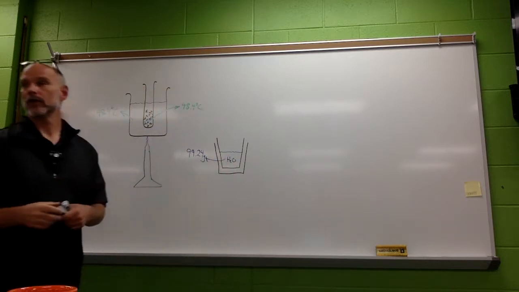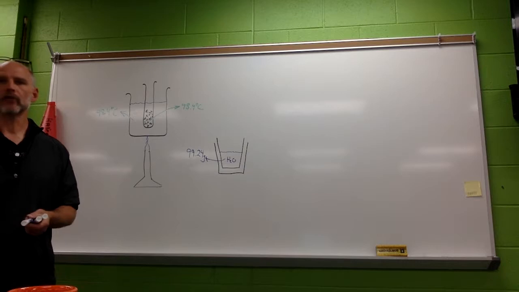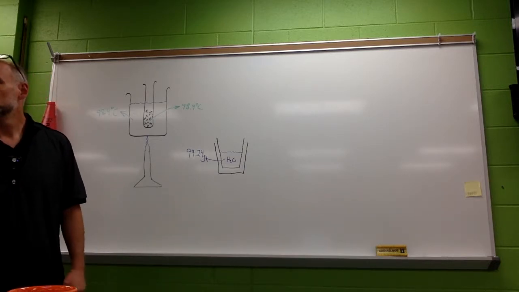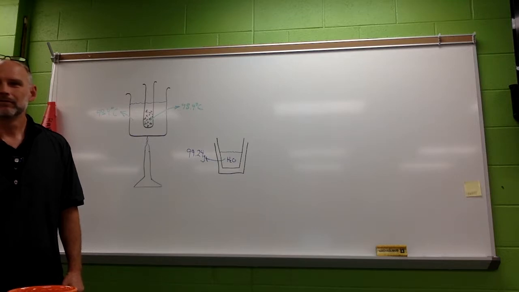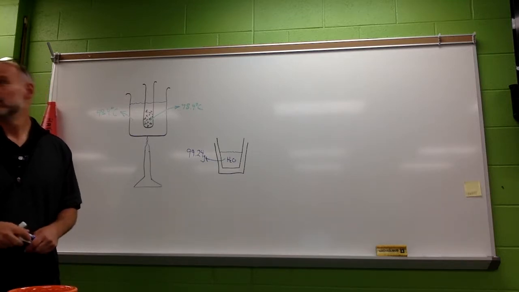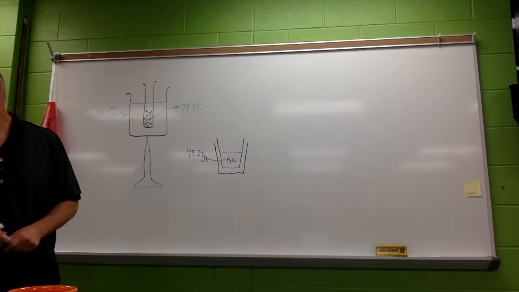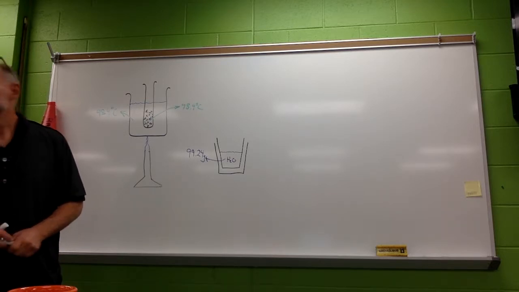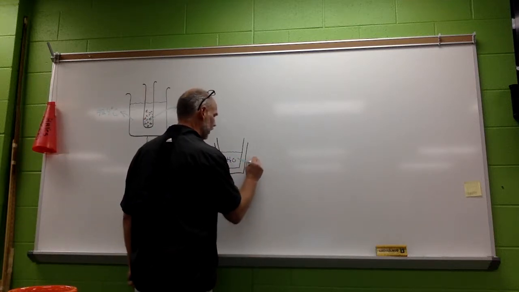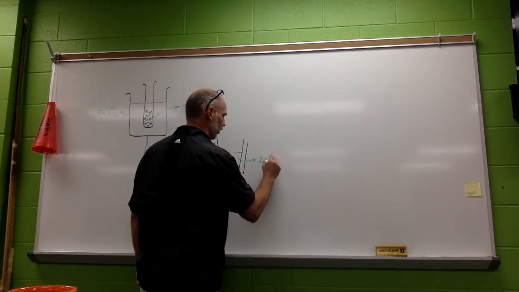We're going to measure its temperature. Now, it's going to come out of the sink, so its temperature is probably going to be something around room temperature, which is, let's call it 23 degrees Celsius.